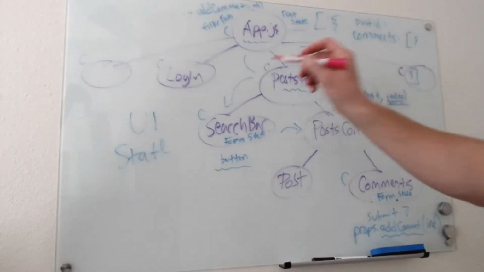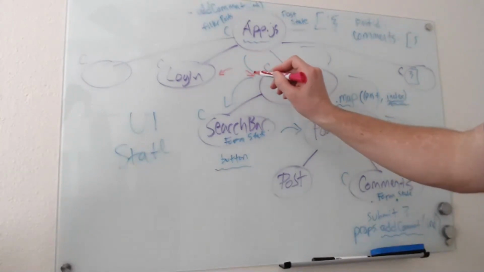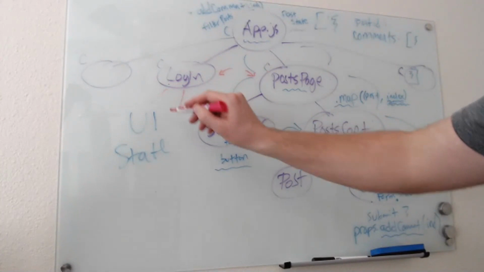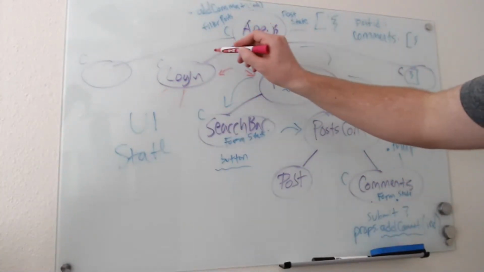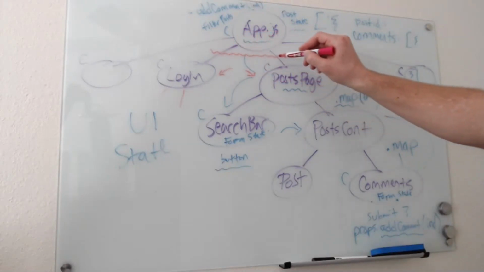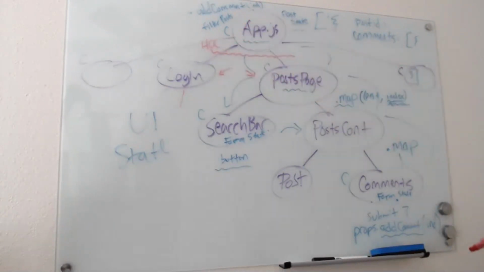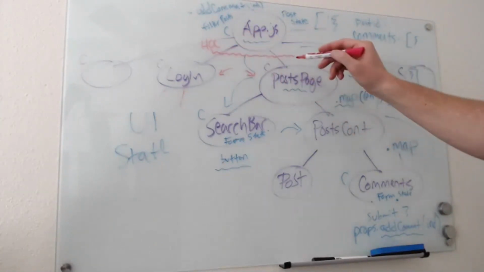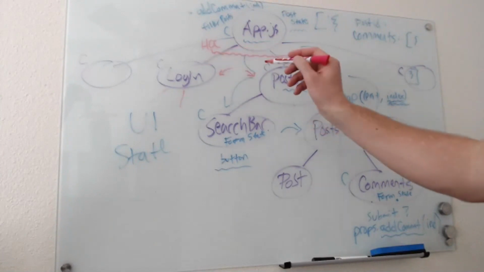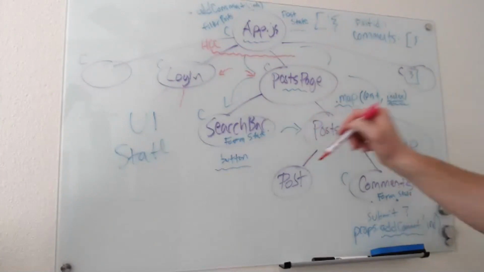So our higher order component is in charge of rendering either that or this component tree or this component tree. So our higher order component, I would say, lives right here. And yeah, it's just going to be kind of a gatekeeper to flip the switch on which component tree actually gets rendered on the DOM.